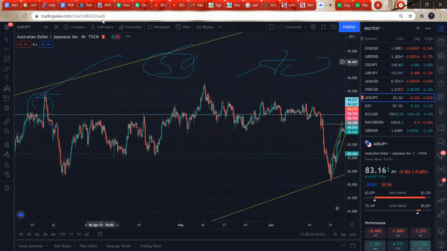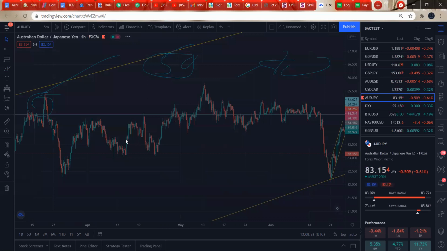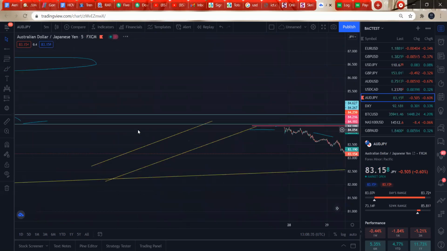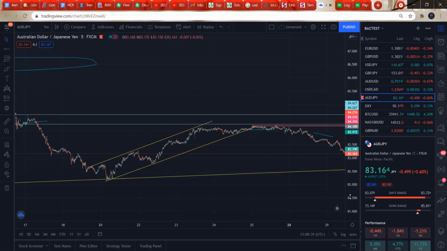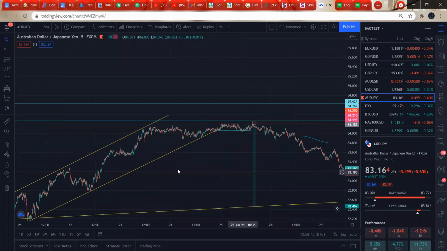The higher time frame is 4 hour. It can be 4 hour, it can be 1 hour, as long as you can see the structure clearly. It can be any time frame which is at least 3 times bigger than your entry time frame. The take profits all the way here.